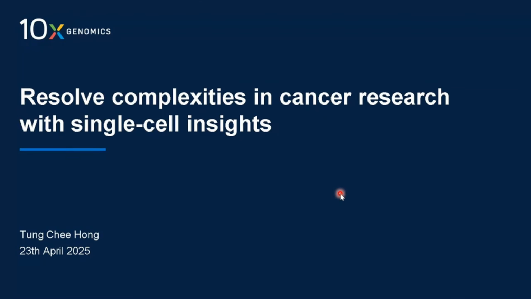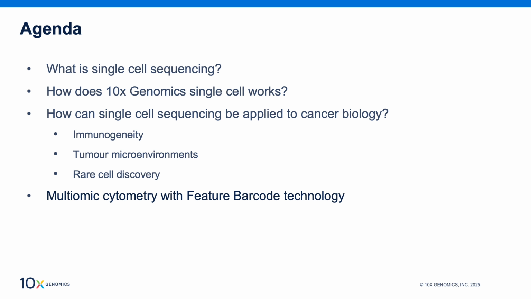Thank you for joining. So here will be the agenda of today's sharing. First off, we'll be looking at what single cell sequencing actually is, and then how our brand, 10x Genomics, makes single cell sequencing work.